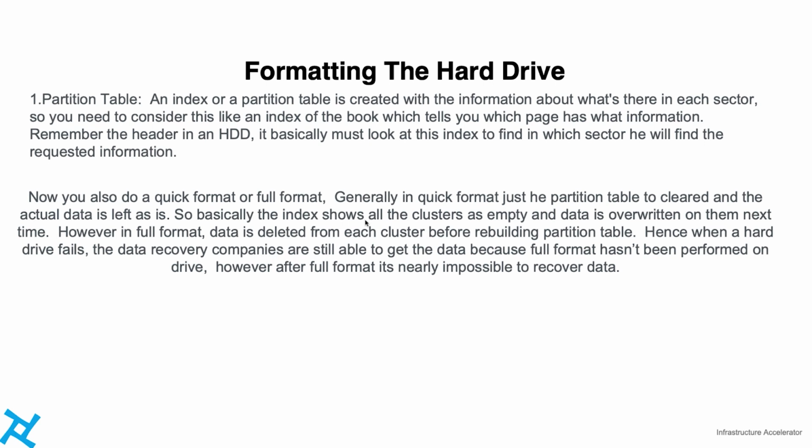You need to consider this index like the index of a book, which tells you which page has what information. Remember, the head in an HDD must look at this index to find in which sector it will find the information which it is trying to look for.